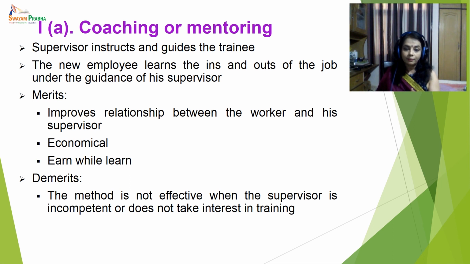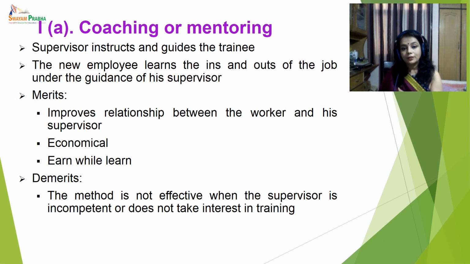The demerit of such a program is that the method is not effective when the supervisor is incompetent or does not take interest in training. So this is one of the problems, that the supervisor may be all the time not interested in making the employee learn, or he is disinterested. It may also be possible that in such a method you learn the wrong way of doing things.